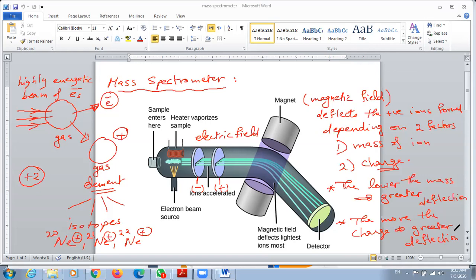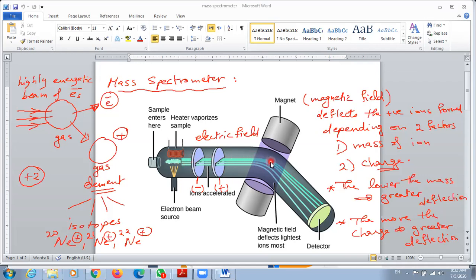Yes, but we said that sometimes they form a different charge when they are subjected to electrons, and charges allow them to go through the mass spectrometer itself. I want them to go here. I want to accelerate them. I want them to move inside the magnetic field.